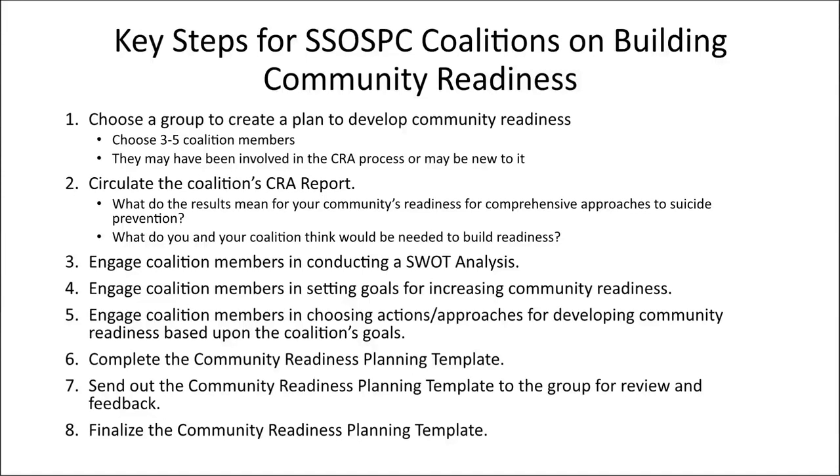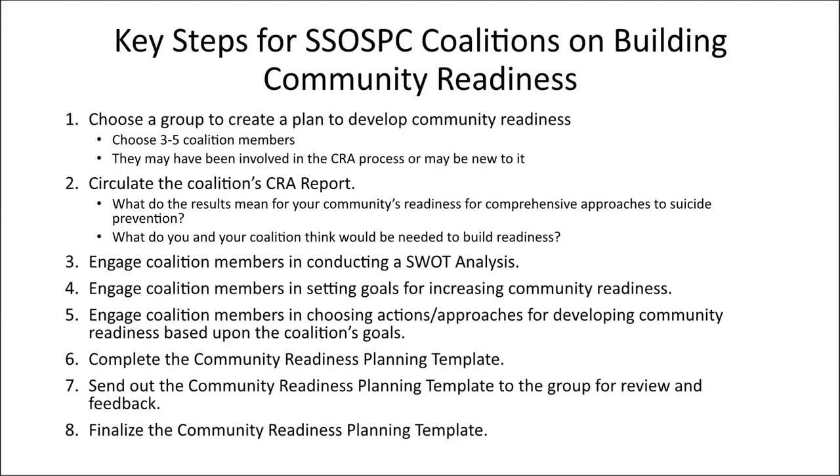And in the plan, you're going to do that on a dimension-specific level. You're going to engage your coalition in setting goals for increasing community readiness. You'll engage your coalition in choosing actions and approaches to develop community readiness, based on the coalition's goals and where you are in the development process.